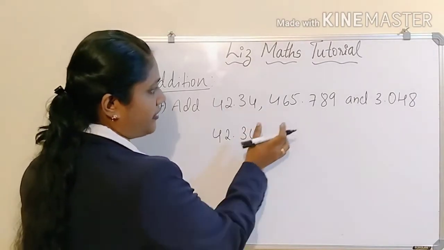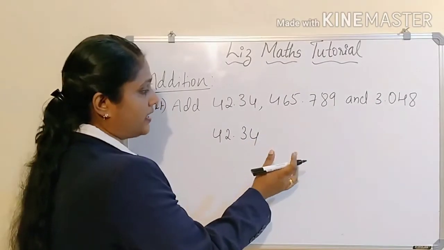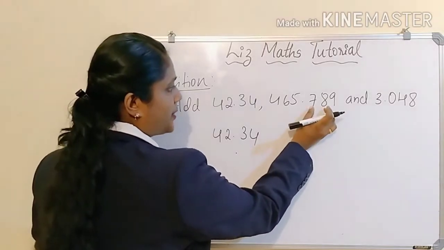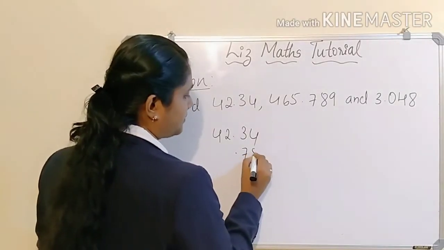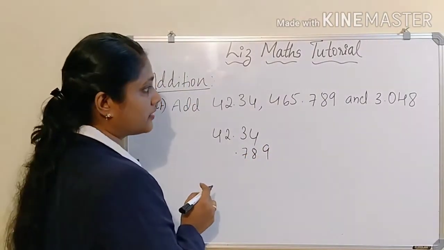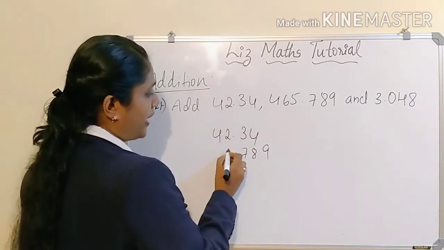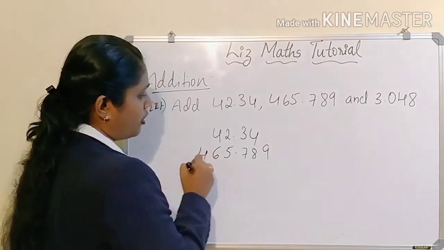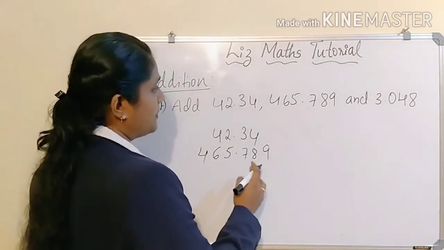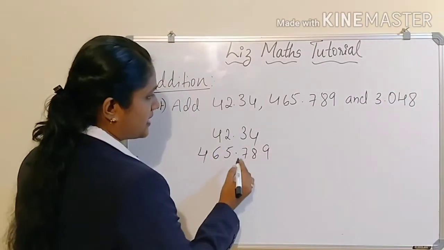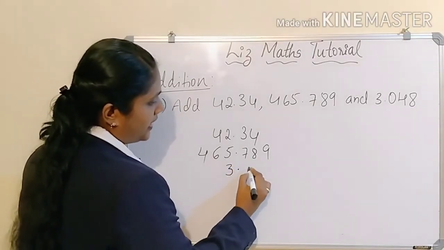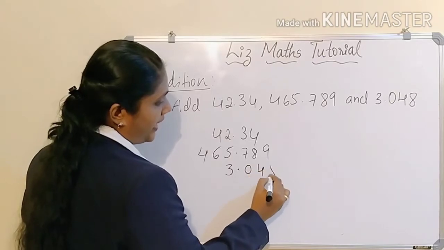And the second one, while you are writing, keep that the point should be in the same line, and you see that 7, 8 and 9, and here you have to write from the unit place 5, 6, then 4 is here, then again go for this. See, maintain that point here itself, 3 here, 0, 4, 8.